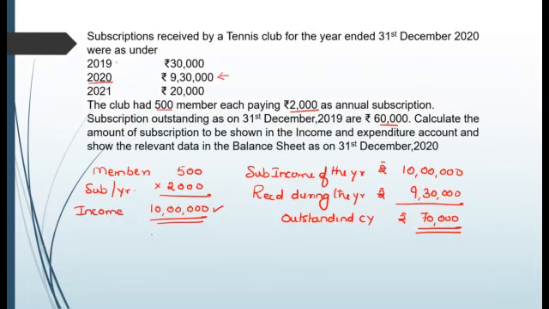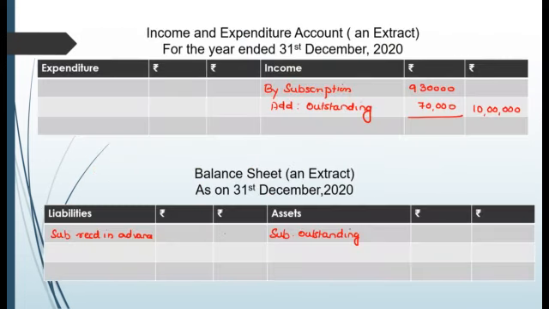Now let us look whether these items are there. Here you have been given that 2021, 20,000 has been received during the year. That is related to next year. So this is subscription received in advance, and it is going to be 20,000.